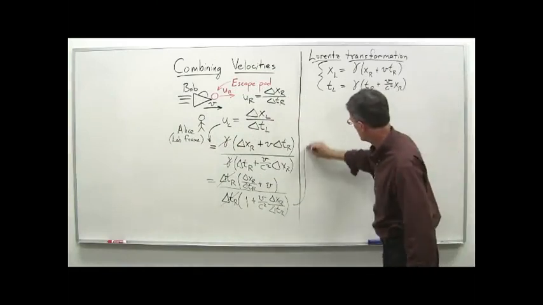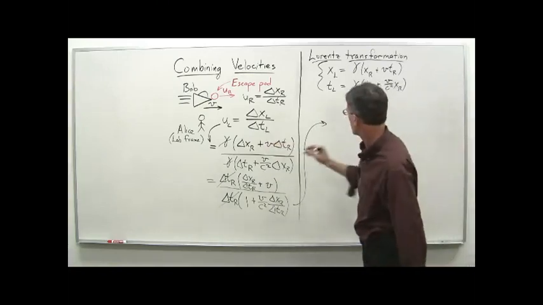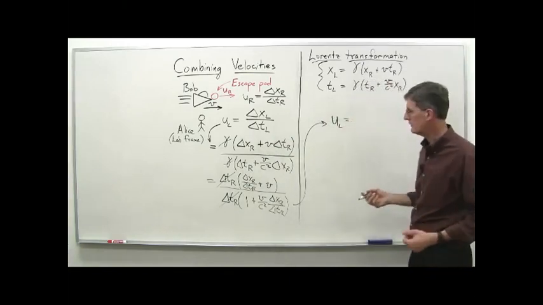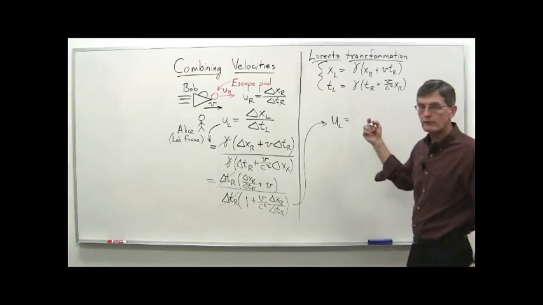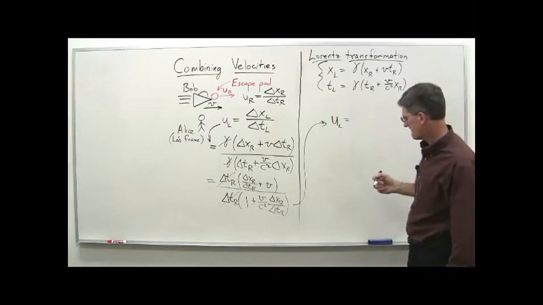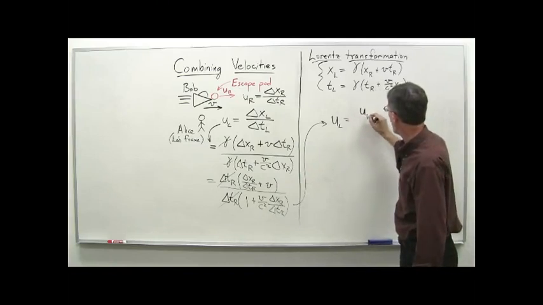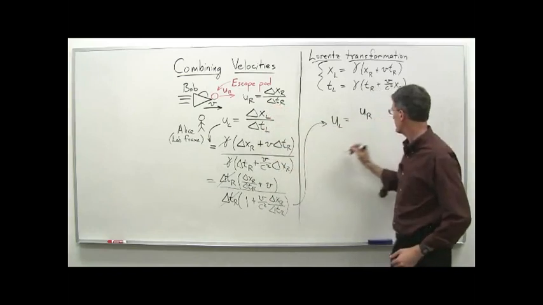So this comes up here, and what have we got? We'll just rewrite u sub L here. Remember, this is the velocity that Alice sees of the escape pod in her reference frame. So u sub L equals, on the top, this is just u sub r, by definition, delta x sub r over delta t sub r, plus v.